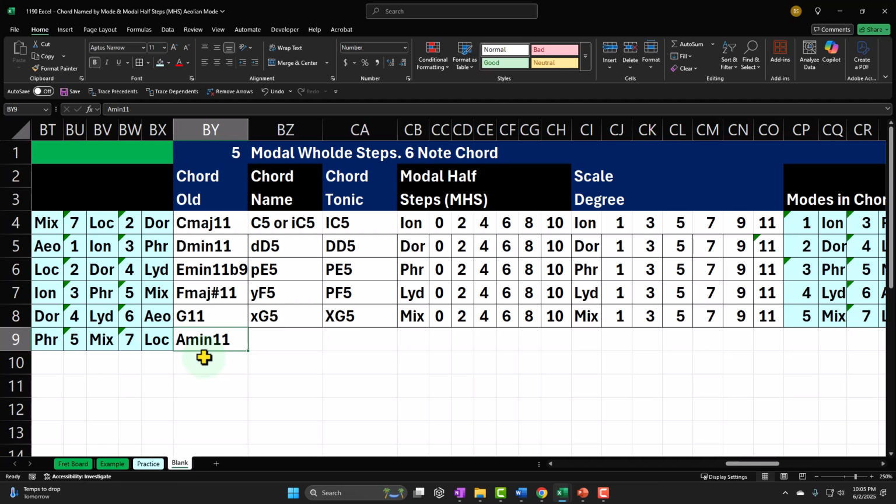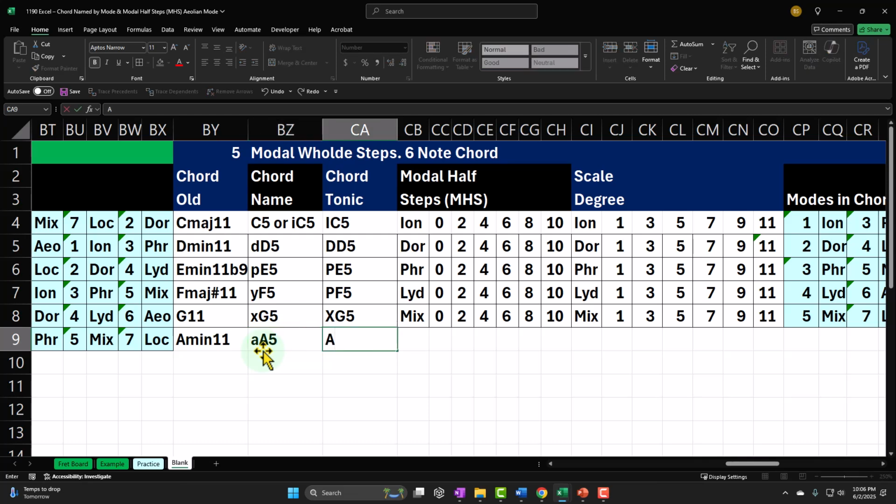So the 9 and the 11 are still major. We'll get into that more when we get to the intervals, but notice it's deceptively complex, and it doesn't need to be, because you could just say, look, it's an Aeolian A5, which would mean it's a 6-note Aeolian chord, which means we're starting on A and we're going up 5 modal whole steps.